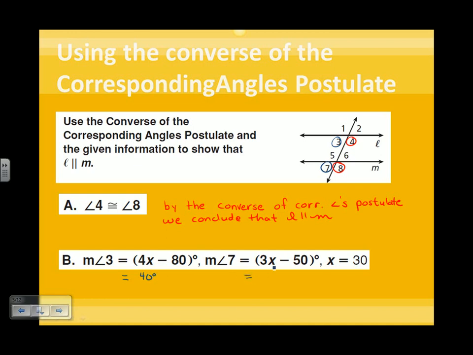And angle 7 is 3 times 30, which is 90, minus 50, which is 40 degrees. So the measure of angle 3 is equal to the measure of angle 7, which means that angle 3 is congruent to angle 7. Then we can say that L is parallel to M by the converse of the corresponding angles postulate.